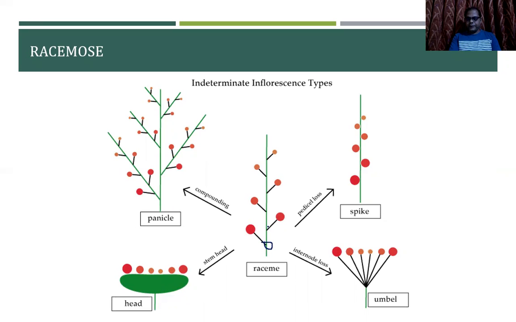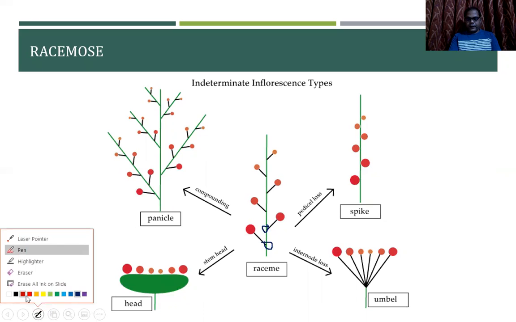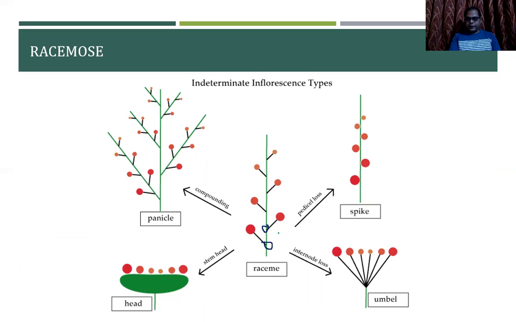This is called a node, and this is also a node. So we have two nodes, and the area between two nodes is called the internode. If this internode is lost, the pedicels originate from a single node. Now, if this happens, it forms the umbel kind of racemose inflorescence.